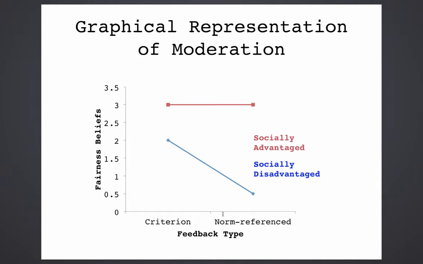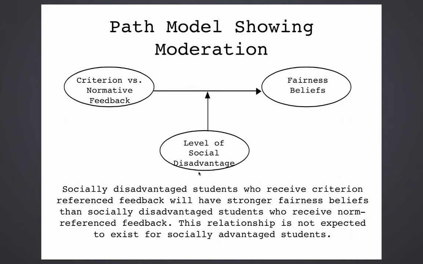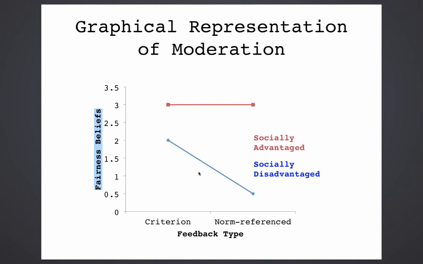So the type of feedback you receive interacts with your level of social disadvantage to affect your fairness beliefs. So study this figure, study this theoretical representation, see if you can understand what's going on here, because we're going to ask you to try and create a visual representation for a hypothesis you see in another study.